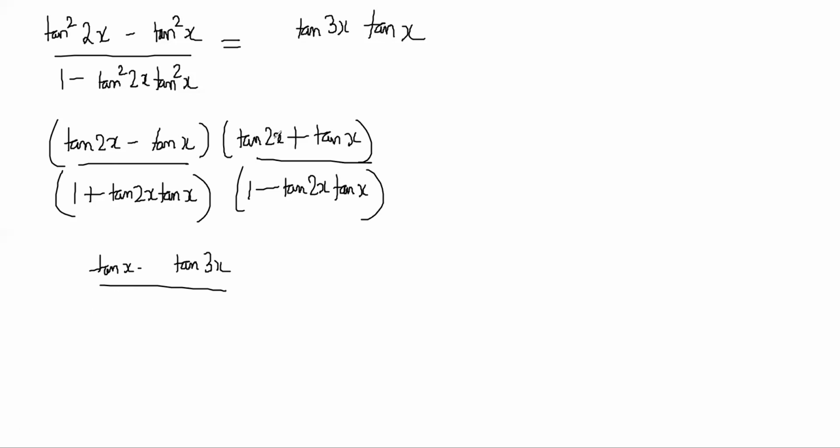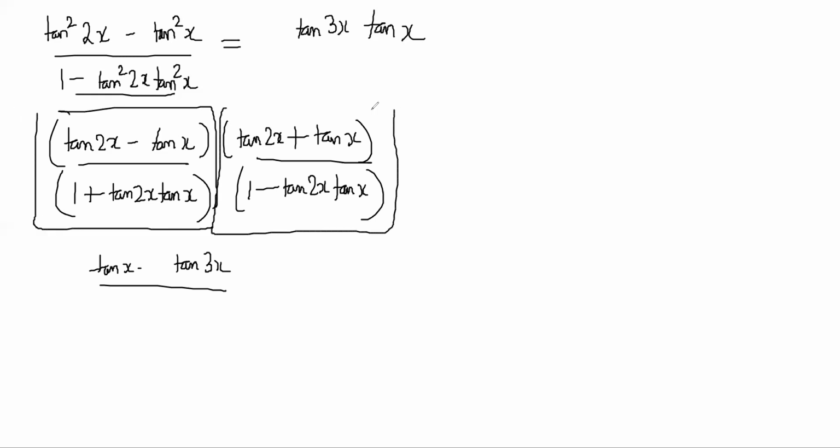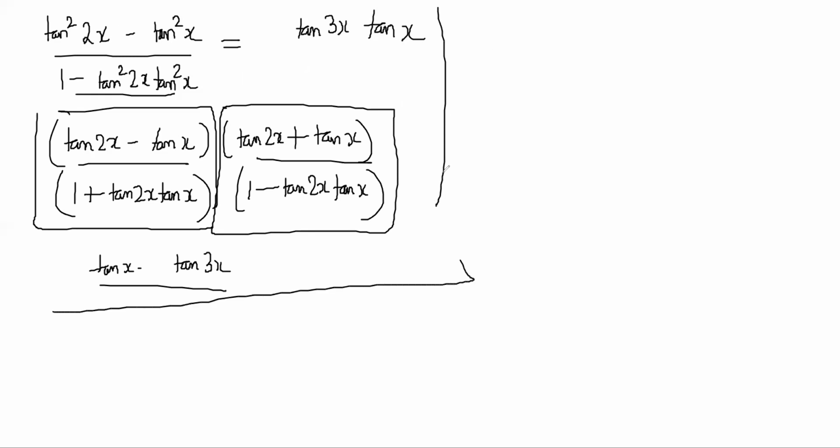You split this as x plus y, x minus y. Take the opposite factor here so that it becomes tan a minus b, tan a plus b. So this is just checking formulas and all.